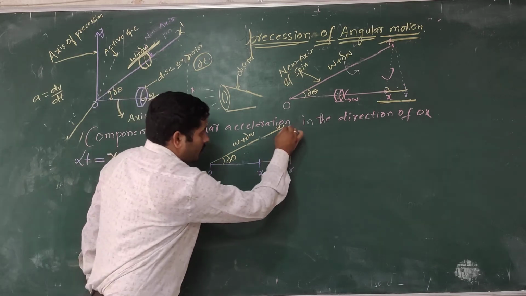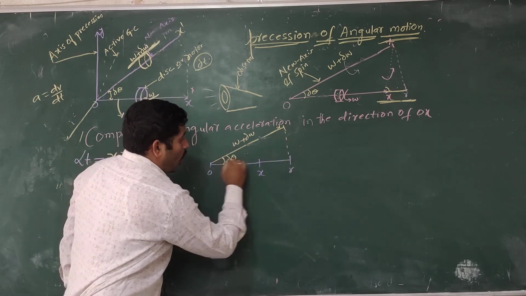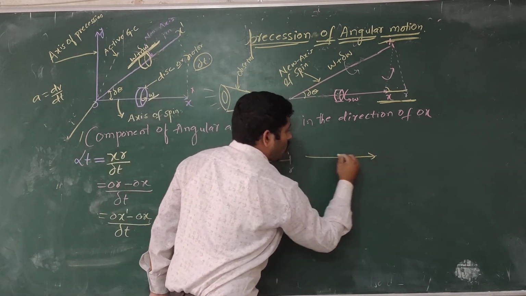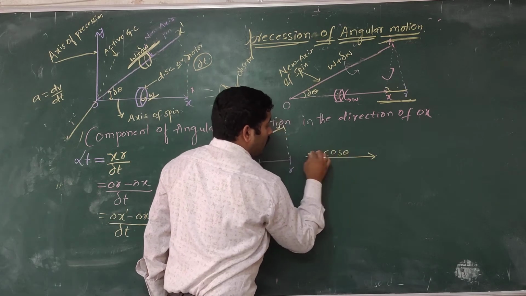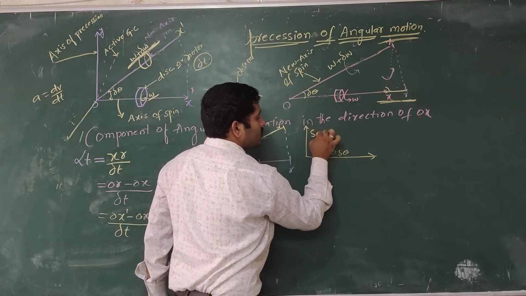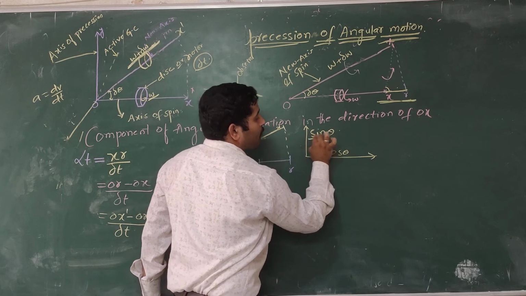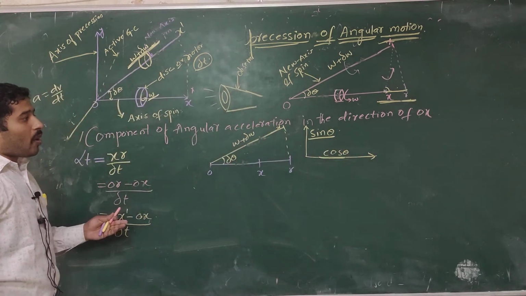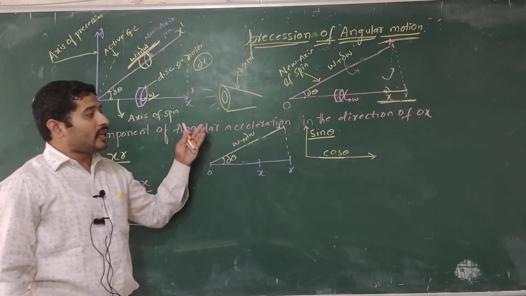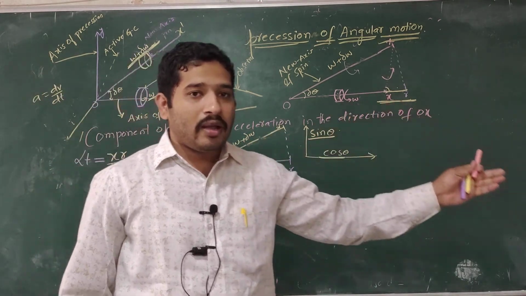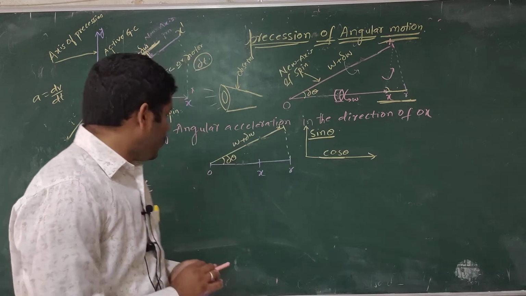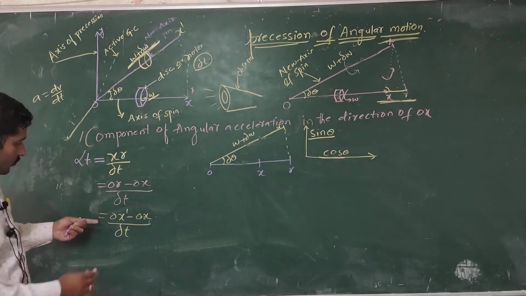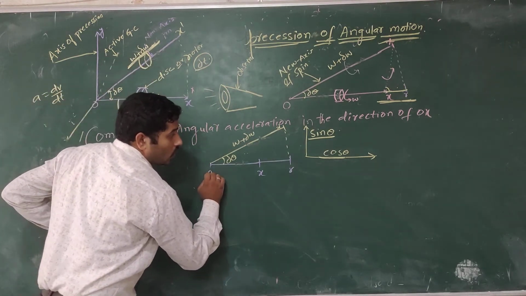Okay dear. Then horizontal means it is resolved as cos theta, and vertical as sin theta. This is perpendicular and this is parallel. Okay, but we are talking about the component of acceleration in the direction of OX. It is parallel. Is it right? Parallel means OX dash.